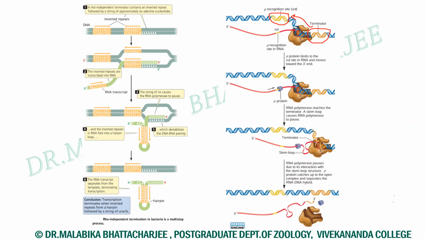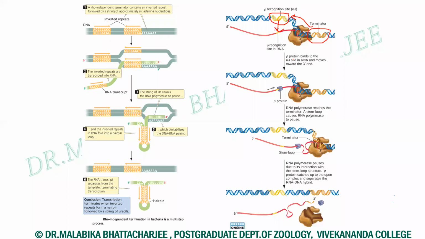So the sequences here are mainly cytosine sequences. And this site is known as the rho utilization site or the RUT site. In case of rho-dependent terminators, the polymerase goes on transcribing the mRNA, and it also transcribes this rho recognition site into the mRNA.